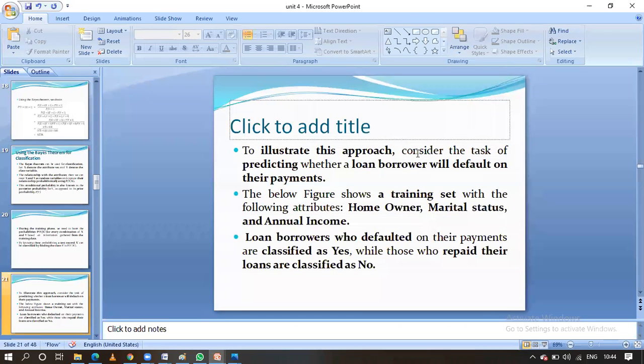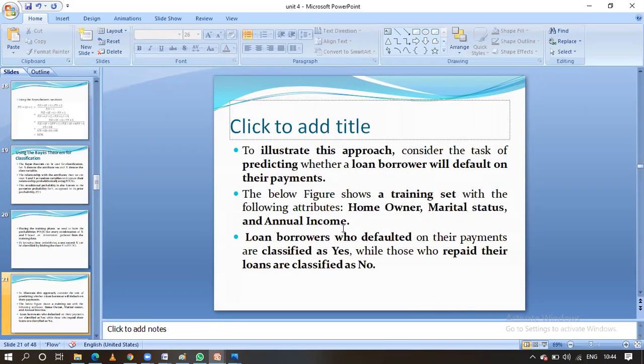To illustrate this approach, that is how we are going to classify with the help of Bayes theorem, we have taken one example related to loan borrowers' information. It contains information on whether they are a homeowner or not, their marital status, and their annual income.